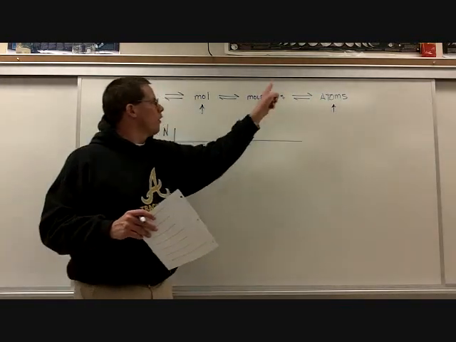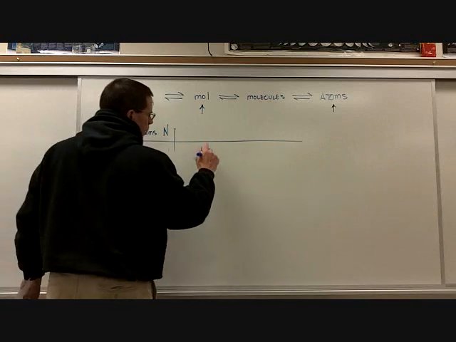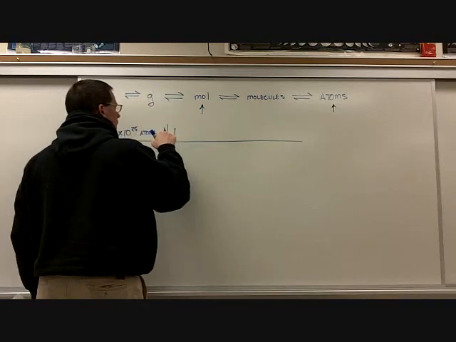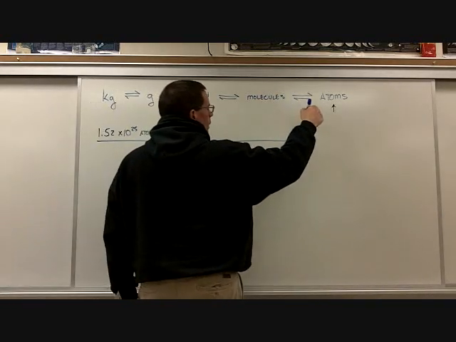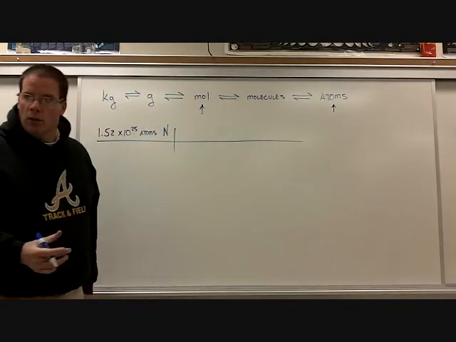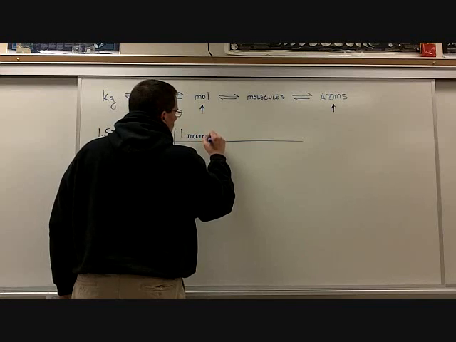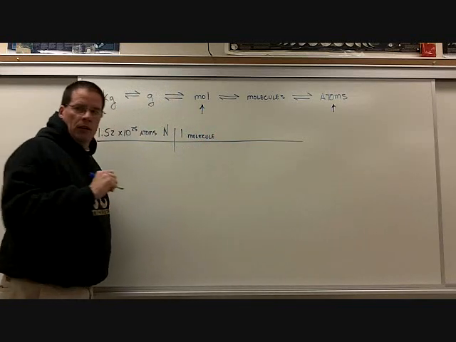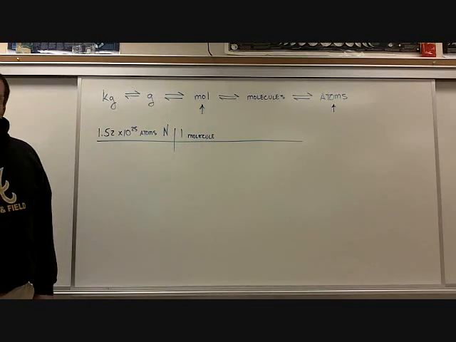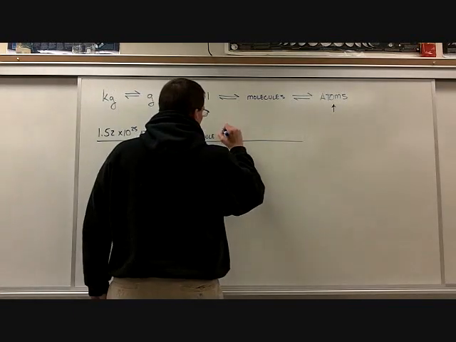Okay? So here we go. Start with atoms, convert it to molecules. If it's not what you're looking for, move it down. So, how many atoms of nitrogen are in 1 molecule? Actually, let's write it. 1 molecule of copper nitride, copper 1 nitride. We don't know that until you actually write the formula.